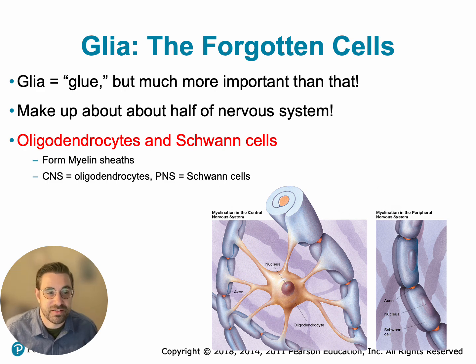The oligodendrocytes do this in the central nervous system, and the Schwann cells do this in the peripheral nervous system. They look a little bit different and operate a little bit differently, but they have the same function, which is forming the myelin sheath. Okay? So if you have an issue with these kinds of glia, you might have issues with your myelin sheath, right? And that can cause problems with sending signals.